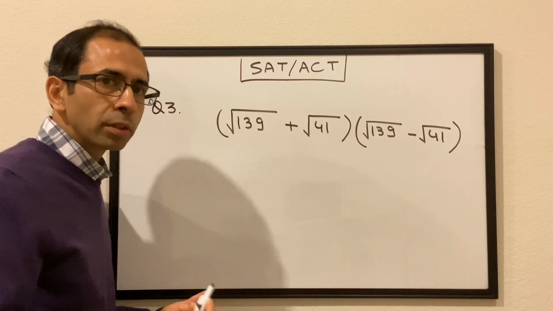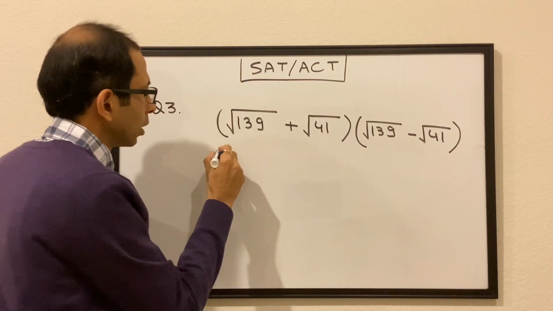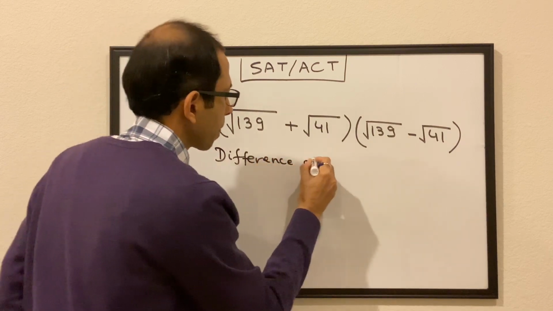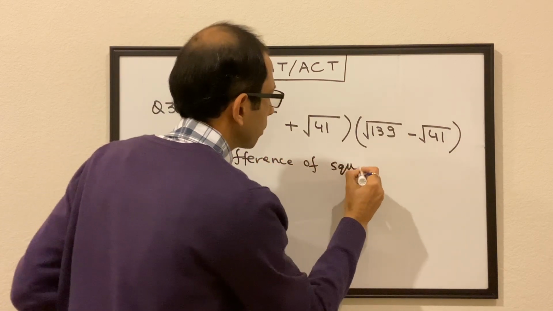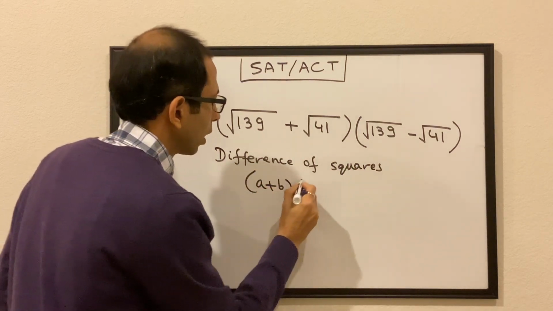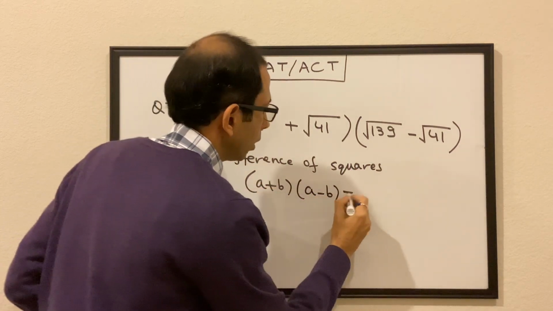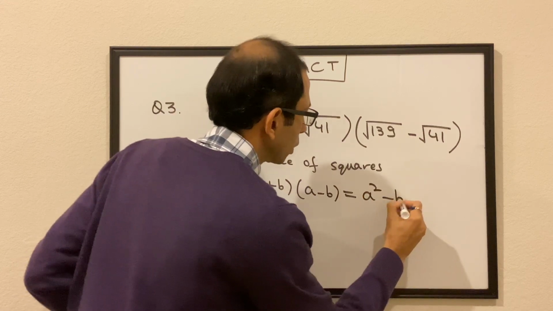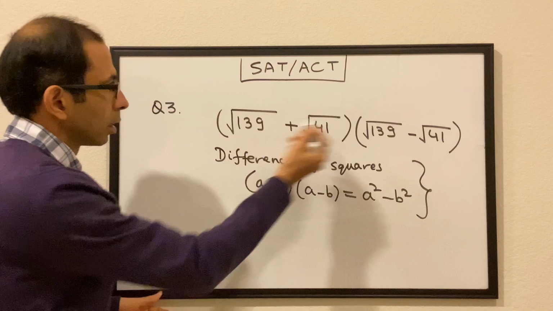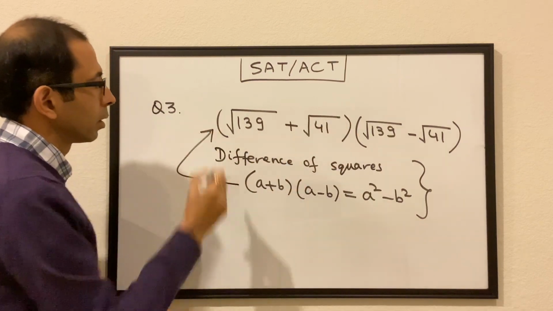And we know from difference of squares that a plus b times a minus b is nothing but a square minus b square, correct? And obviously the question follows this pattern here.